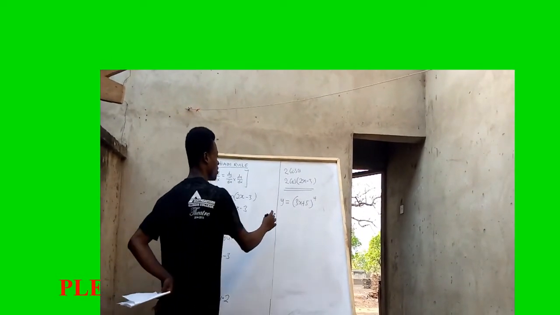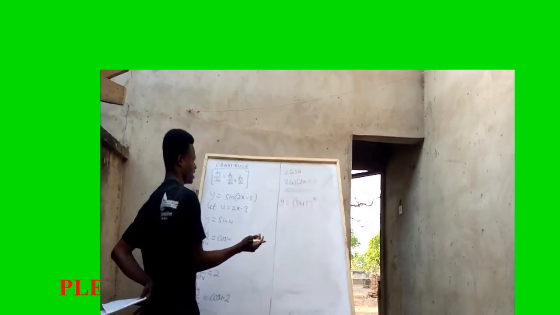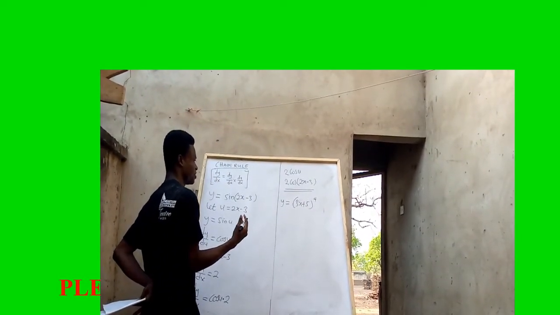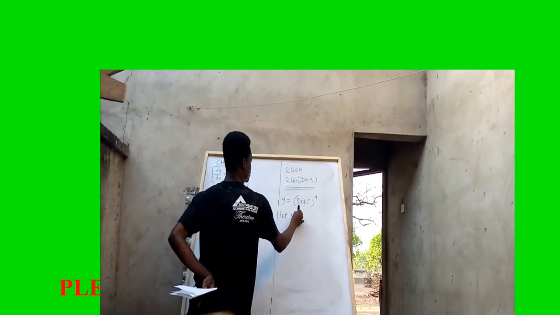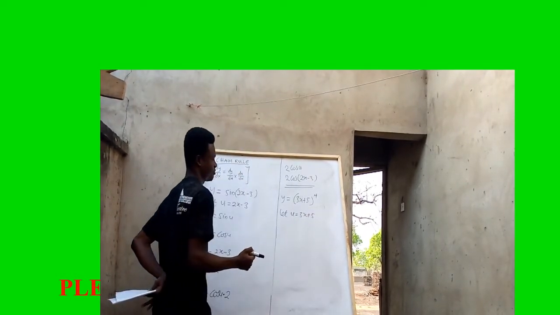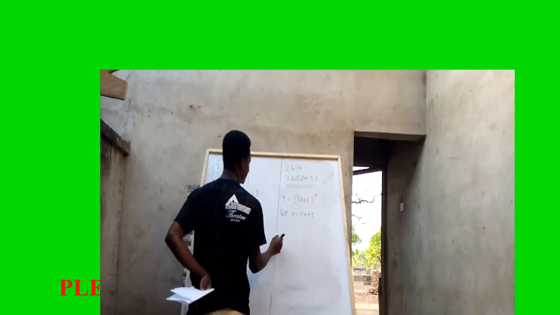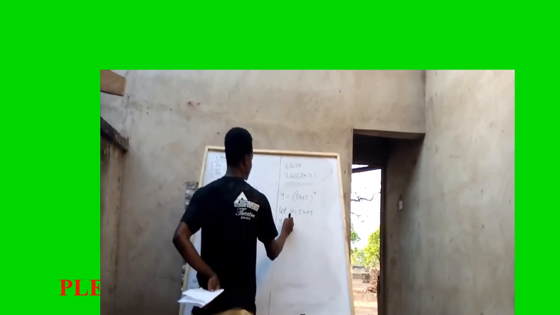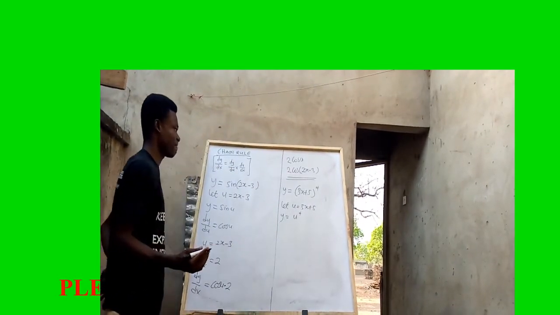So here, all that you want to do is notice that this thing is not standard. Let's try to make it standard. To make it standard, we let u be equal to 3x plus 5. Because u is equal to 3x plus 5, I can say that y is equal to u raised to the power 4 without any problem.